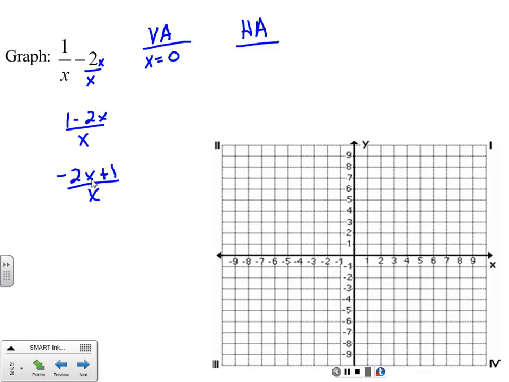So it's negative 2. So you have negative 2 over 1, which is negative 2. So you have y equals negative 2. So you can either do this, or you can know that that is an H and do this. Either way. So we do have a vertical asymptote here. It's just your y-axis. And then you have a horizontal asymptote at negative 2, which is here.